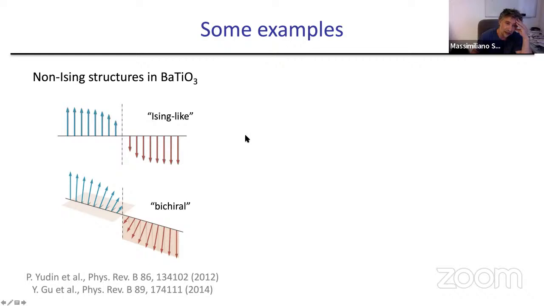But actually, this has been discovered to be too simplistic for realistic structures, which in many cases acquire some secondary components that can be oriented either along the normal to the wall or in a different plane. And one example is the bichiral walls that were predicted by these two theoretical works.